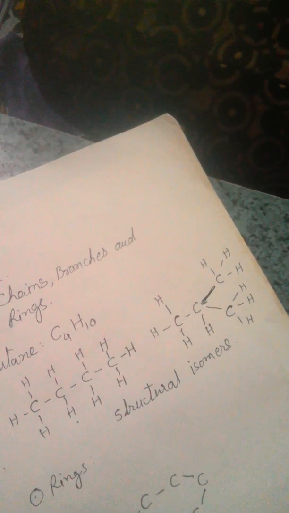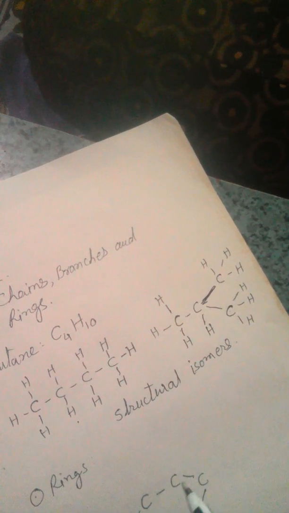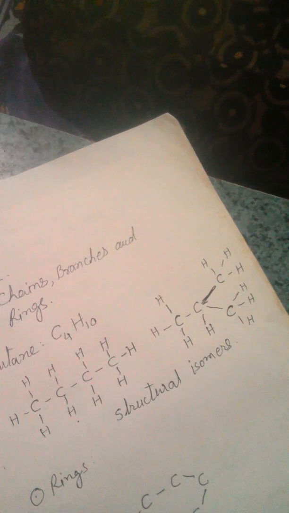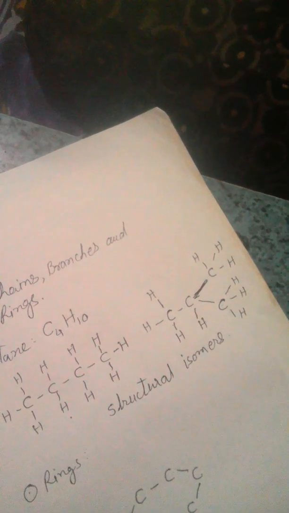For this carbon, 2 valencies are satisfied. For this carbon, 2 valencies are satisfied. And for each carbon, 2 valencies are satisfied. So the remaining 2 valencies are satisfied by a single bond with hydrogen atoms.